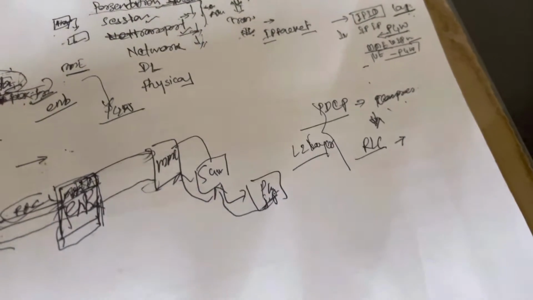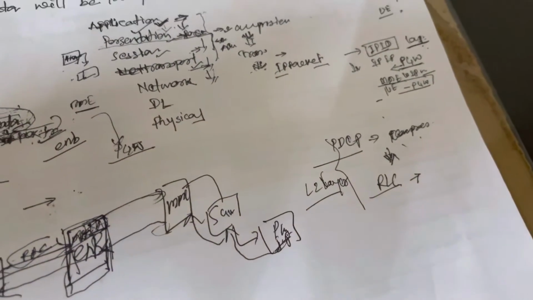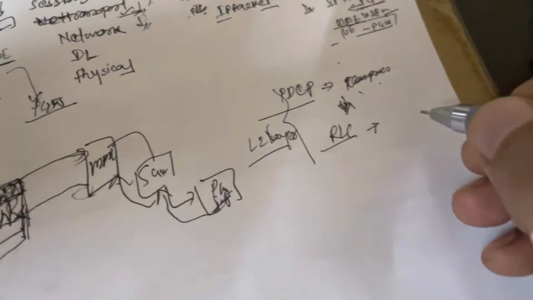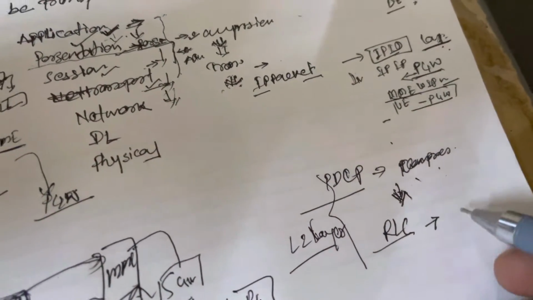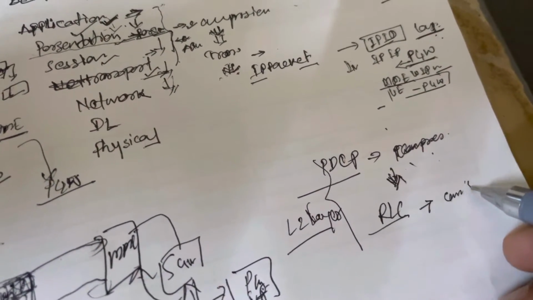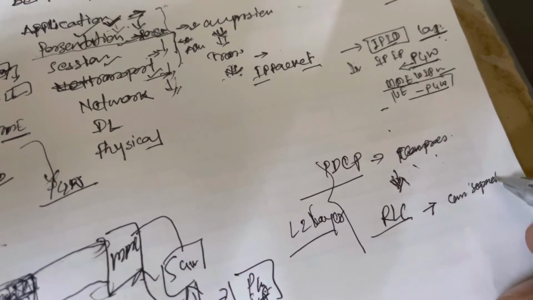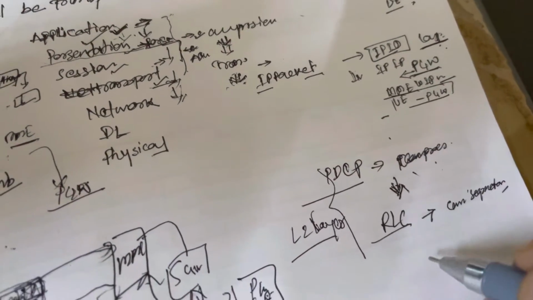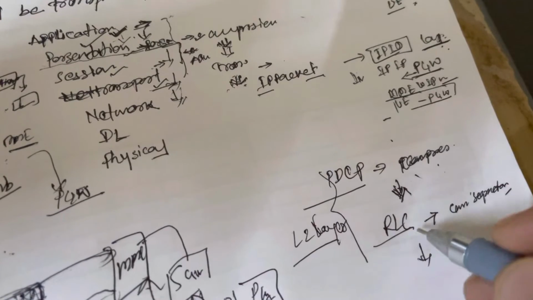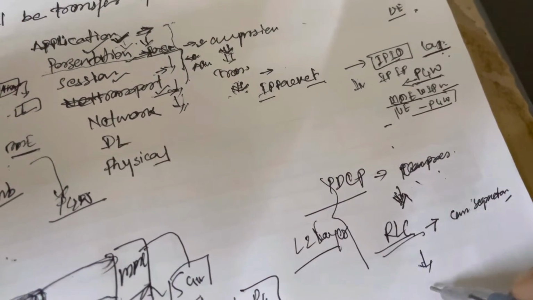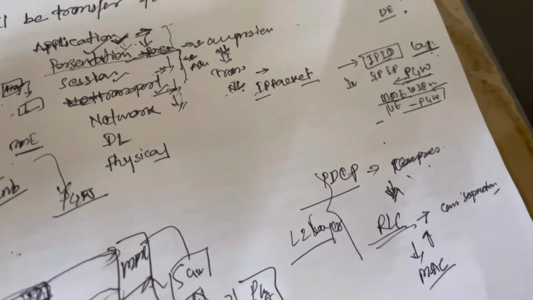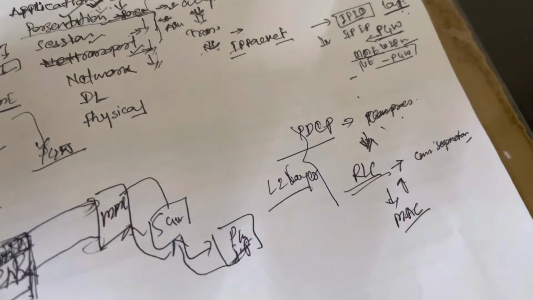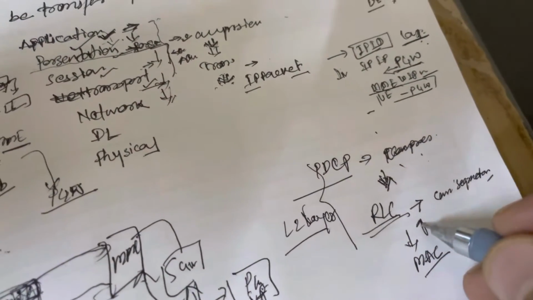RLC will perform concatenation and segmentation as per the MAC requirement, because once this is done, as per the MAC requirement it will perform the concatenation and segmentation. Why does this happen?